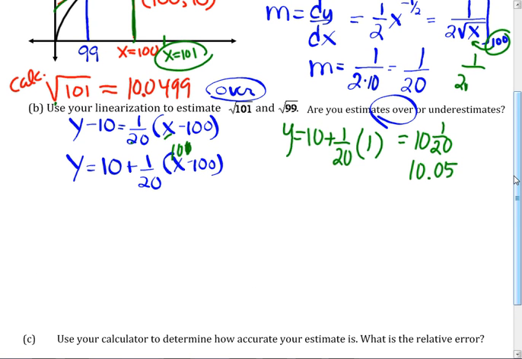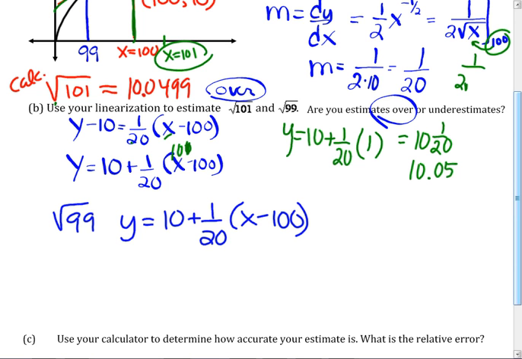So let's do the square root of 99. I'm going to use my formula, my tangent line. Why do I use 100 to get the slope? Because that's where the tangent line was created. So to do the square root of 99, I'm going to put in for x what? 99.